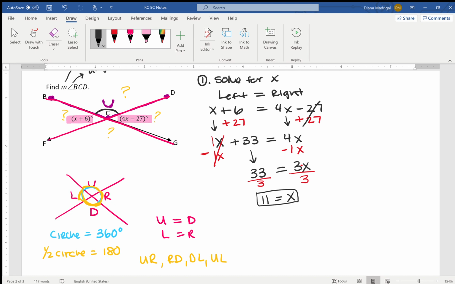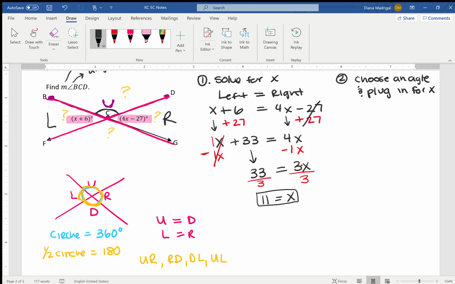However, that's not how much this angle is. The next step is choose an angle and plug in for x. You can use the left angle or the right, it doesn't matter. I'm going to use the left angle.